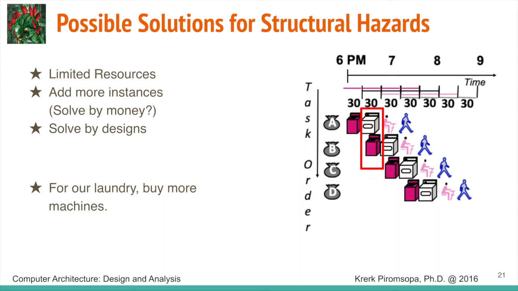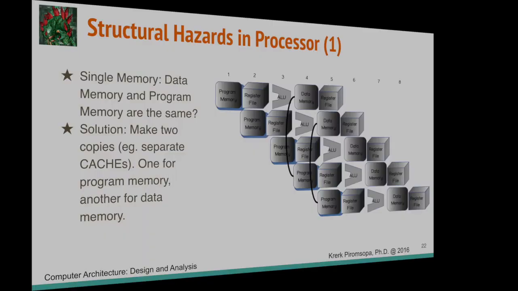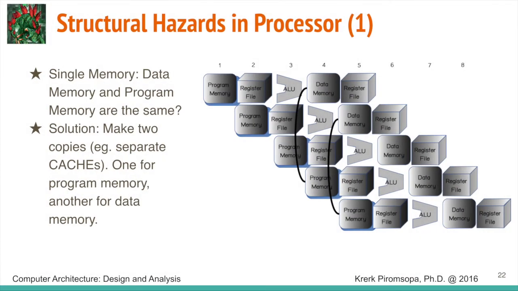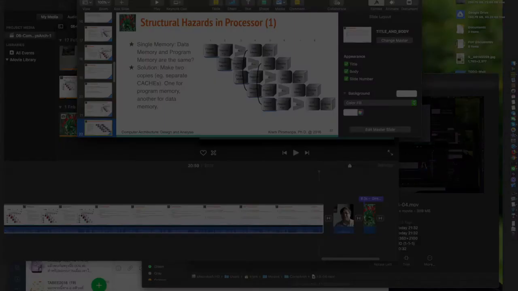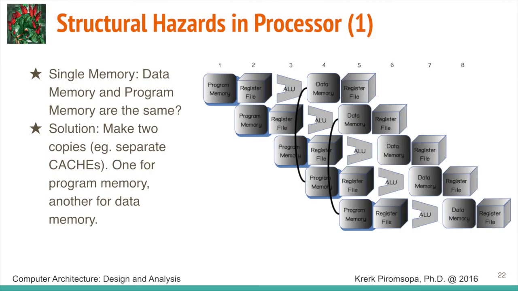Right? Let's see structural hazard in a processor. Now we got a processor and we want to solve structural hazards. Where do we have structural hazard in the processor? For example, our data memory and program memory happen to be the same memory. Then we may have structural hazards.